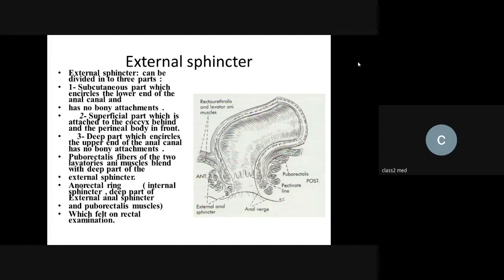The anorectal ring, which is felt on rectal examination, consists of the internal sphincter, the deep part of the external anal sphincter, and the puborectalis muscle.